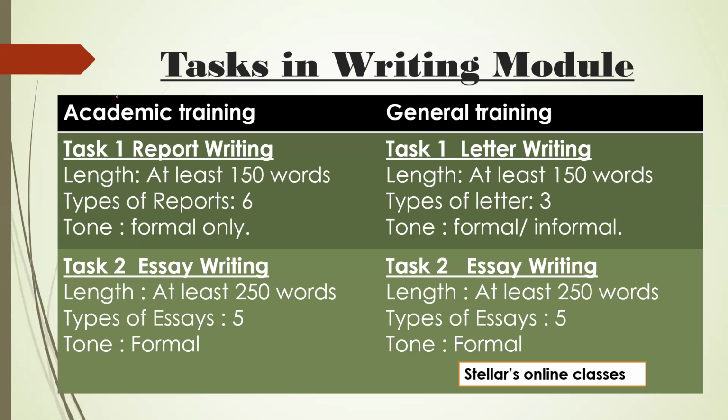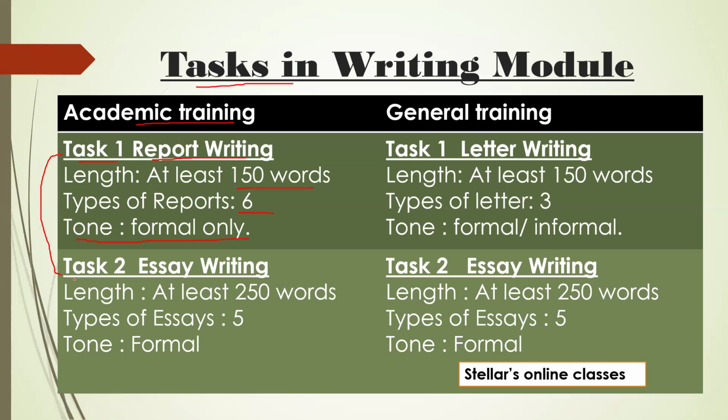So let's discuss the tasks in the writing module. In academic training, you will encounter 2 tasks. Task 1 is report writing, which you have to write in at least 150 words. There may be 6 types of reports that we'll be discussing in further slides. The tone, meaning the language that you will use, will be formal only.